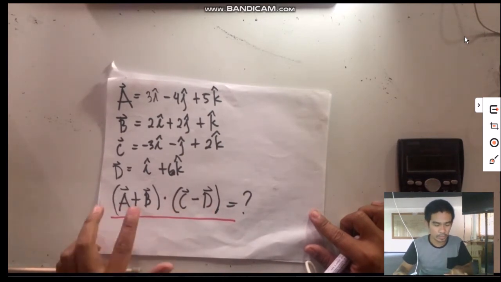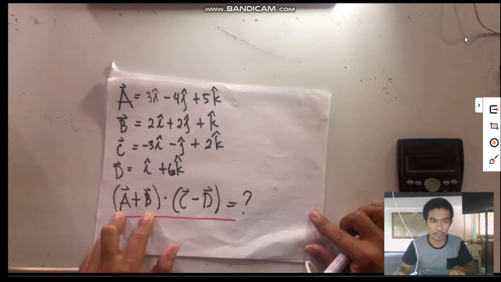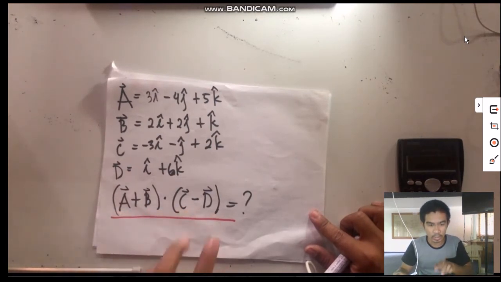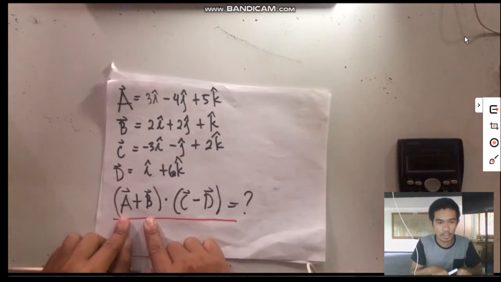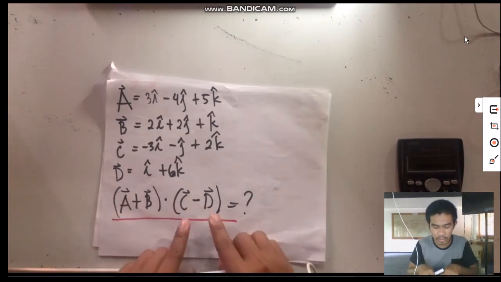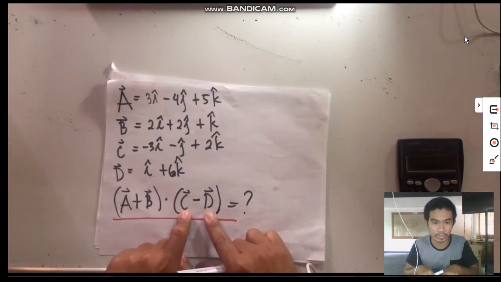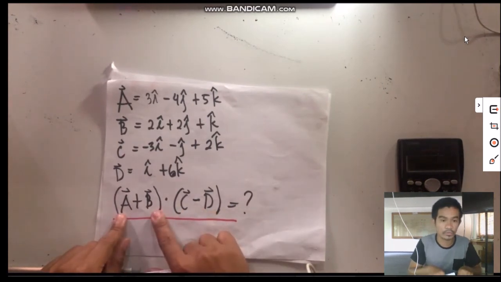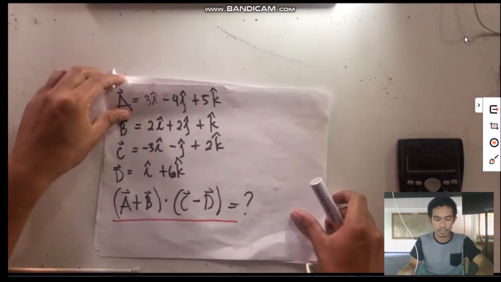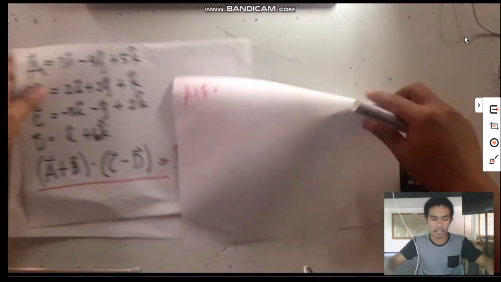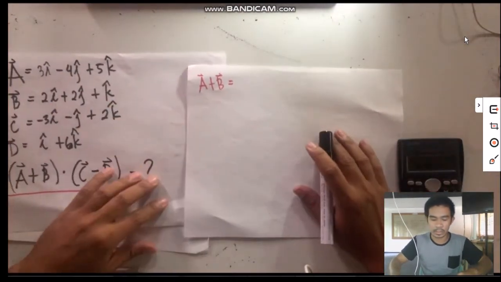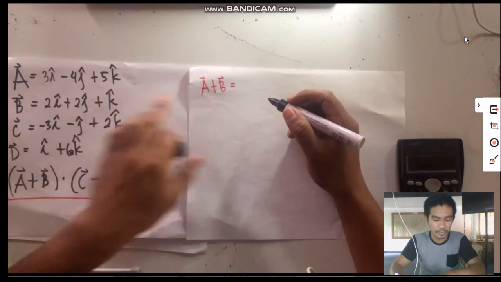So we need to look for vector A plus vector B, and next we need to look for vector C minus vector D, and the sum of these two vectors will be in dot product with the difference of these two vectors. So let us look first for vector A plus vector B. What is vector A plus vector B?